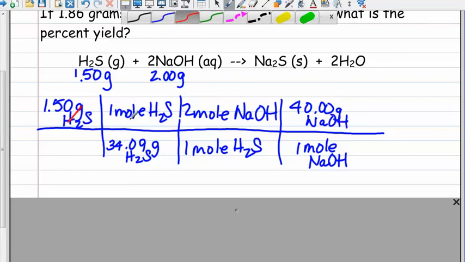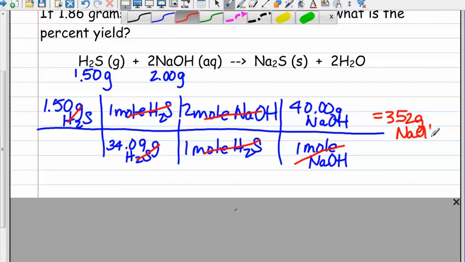Take a look at your unit cancellation as always to make sure you set things up right. And if I were to multiply this through, I'd come up with an answer of 3.52 grams of NaOH.